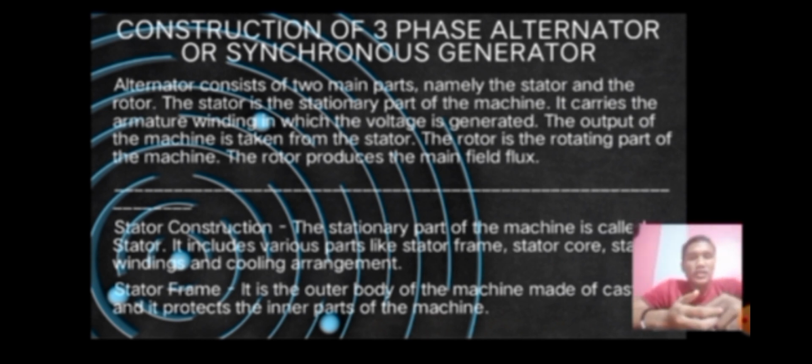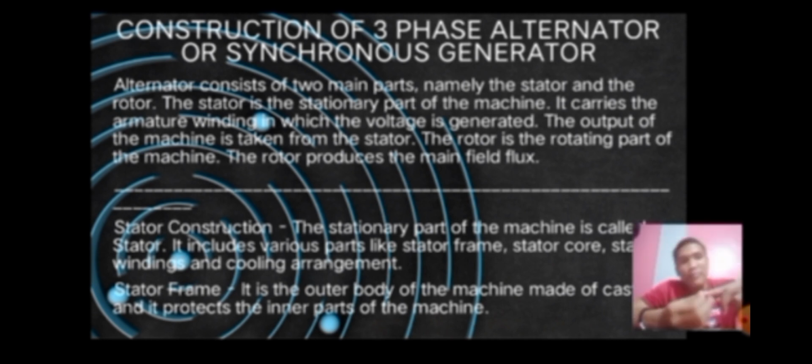Stator construction. The first phase of construction is the stator construction. The stationary part of the machine is called the stator. As mentioned earlier, it includes various parts like the stator frame, stator core, stator windings, and cooling arrangement. The first part is the stator frame.